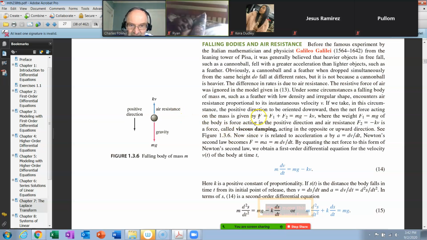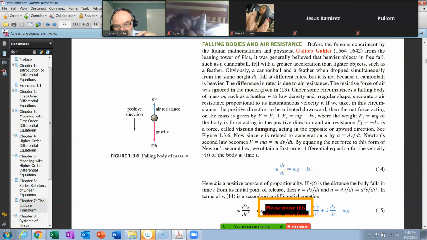So your net force acting on something is your acceleration due to gravity downward and the air resistance resisting that increase downward. And there's your formula there, because acceleration is dv/dt. And since this has velocity in it, that has velocity in it.